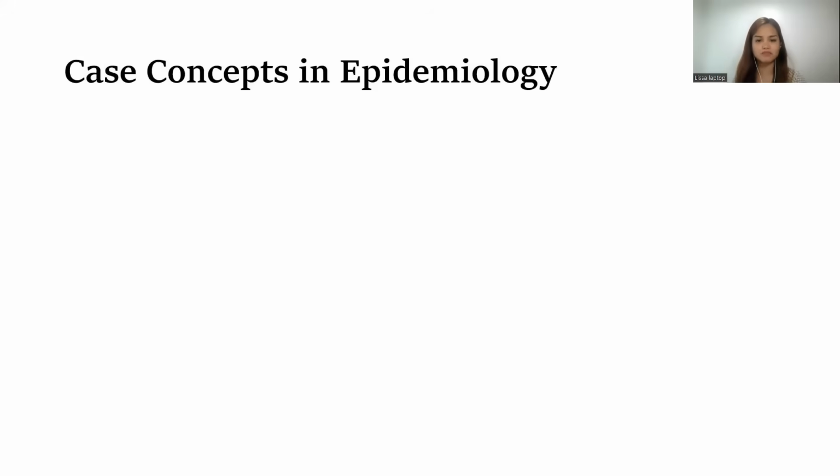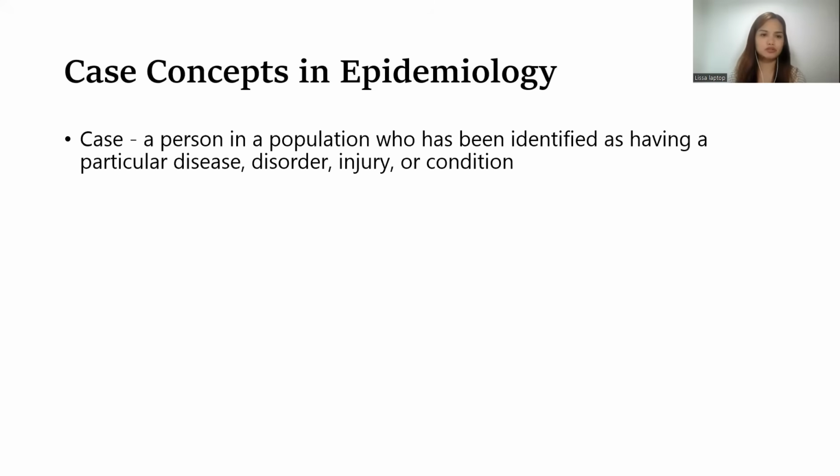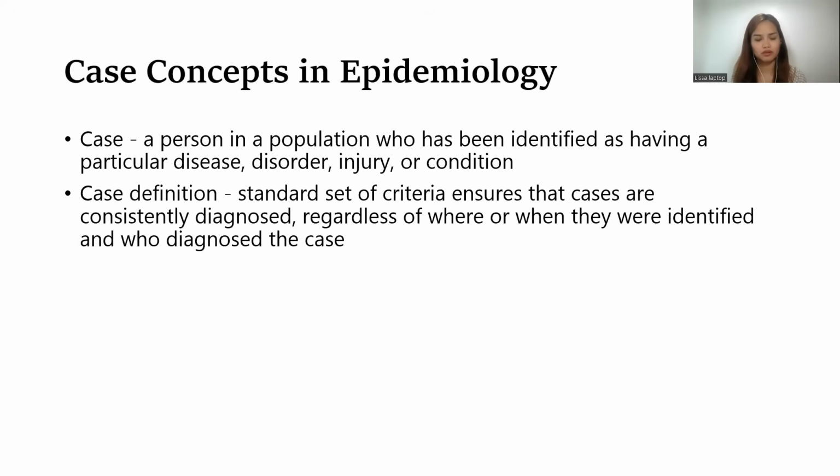Let's move to case concepts in epidemiology. So a case of a person is a person in a population who has been identified as having a particular disease, disorder, injury, or condition. When we begin studying outbreaks or epidemics, we need to set a case definition, which is a standard set of criteria which ensures that cases are consistently diagnosed, regardless of where or when they were identified and who diagnosed the case.